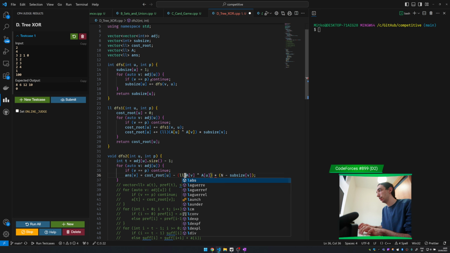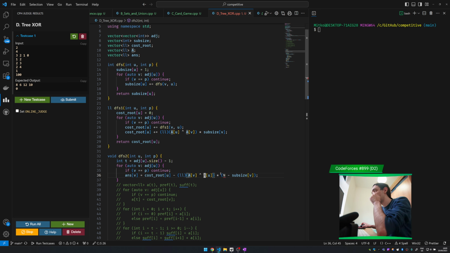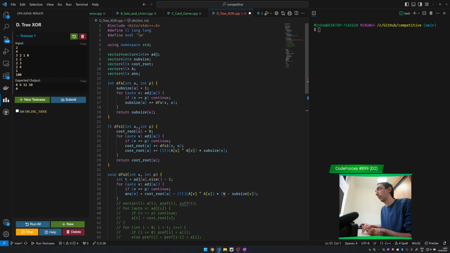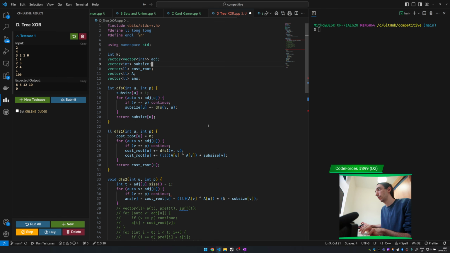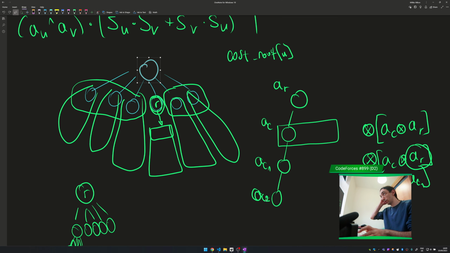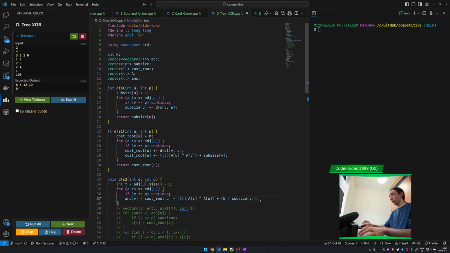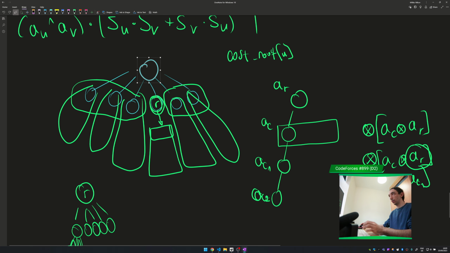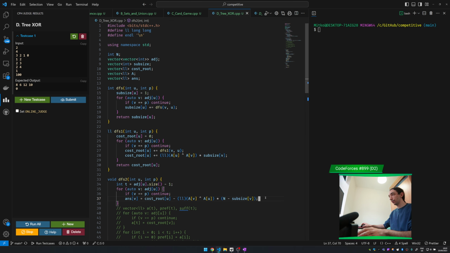I think minus the subtree of v, yeah, and minus the subtree of v is everything except v. So everything here has to go.